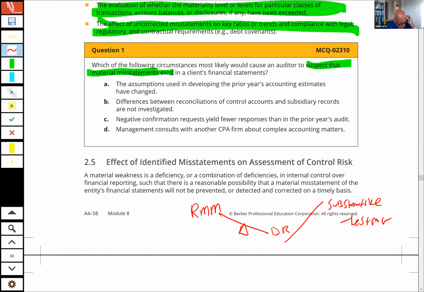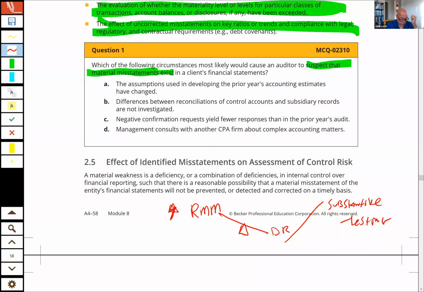Right? So assumptions used to develop the prior year's accounting estimate have changed. Okay, well, I'm going to stand maybe a little corrected here. I think that's driving up RMM.